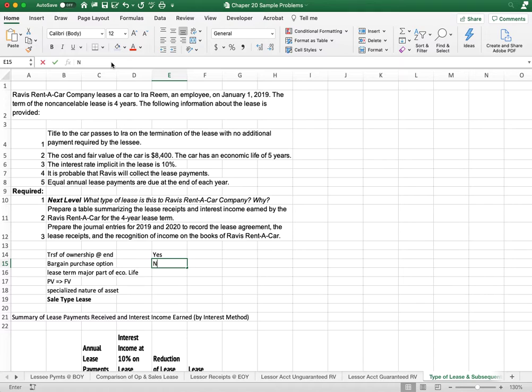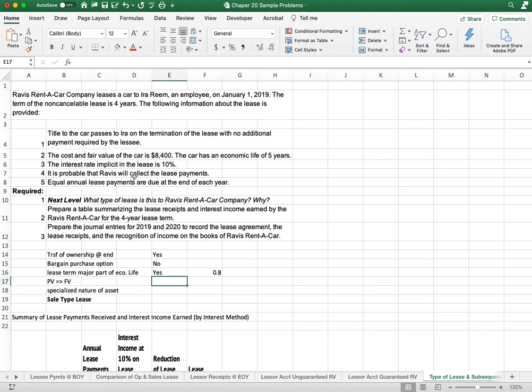Is this a bargain purchase? No, there's nothing that indicates that. Is the lease term a major part of the economic life? Well, it's 4 out of 5 years, so that's 80%. So yes, it is a major part of the economic life. Is the present value of the lease payments and any guaranteed residual value equal to or greater than substantially all of the fair value?